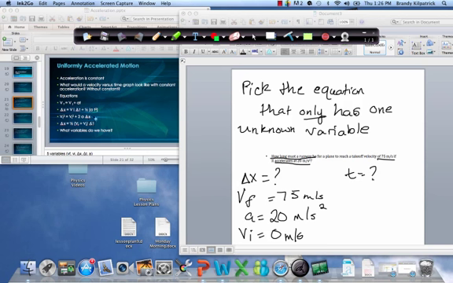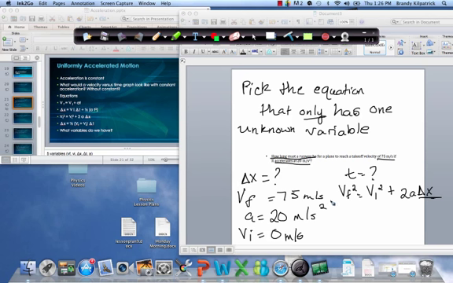That's what I'm looking for. So there's only one unknown in this equation. So I'm going to use the third equation. So VF squared is equal to VI squared plus 2a delta x.